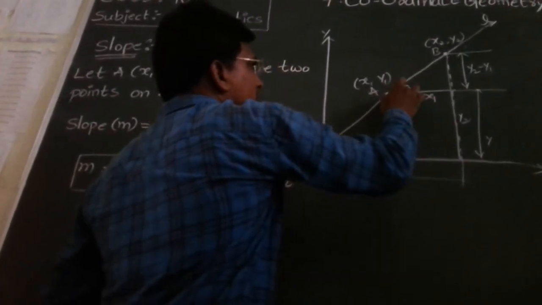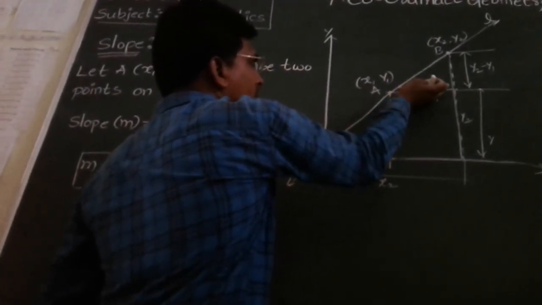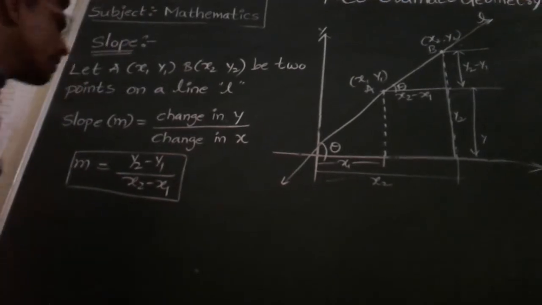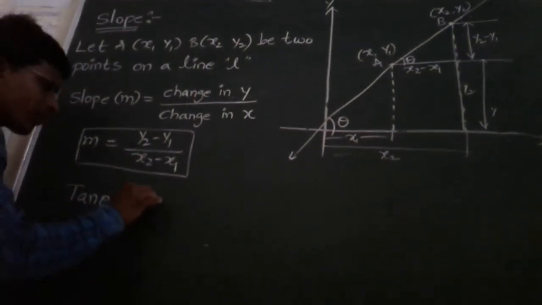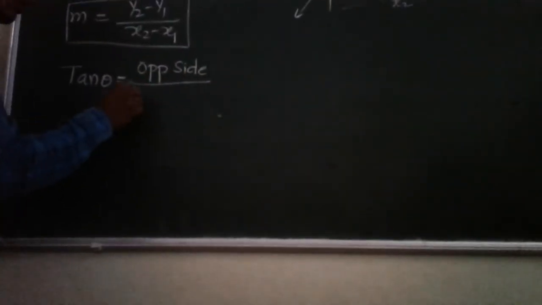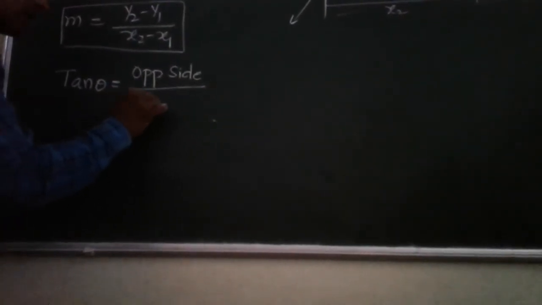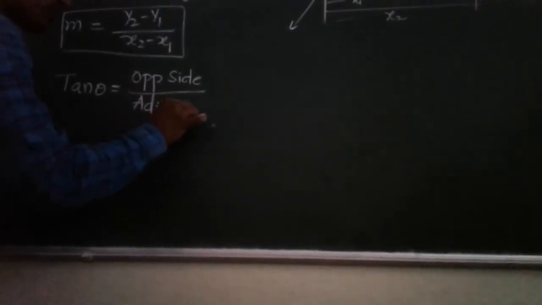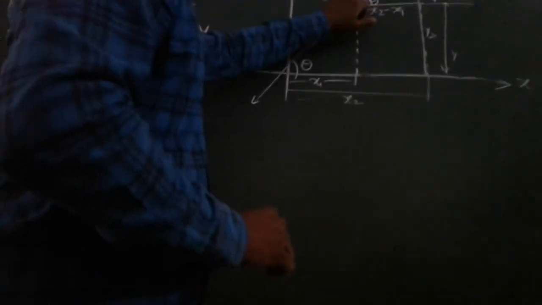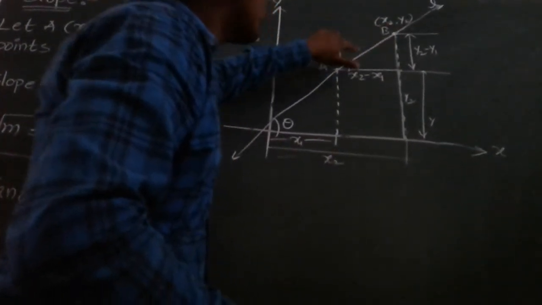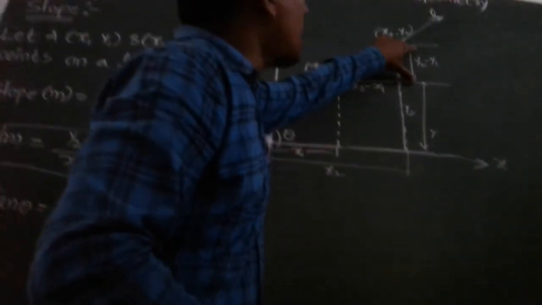The line makes an angle theta with the ground, so here we can apply trigonometry. tan theta is equal to opposite side by adjacent side, which we will learn in the next class. The side opposite to angle theta is known as the opposite side.